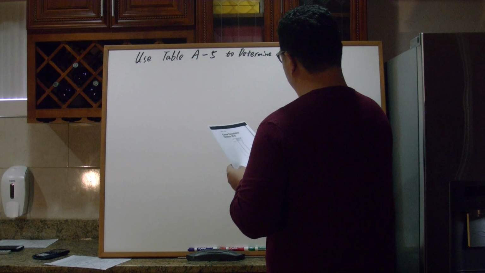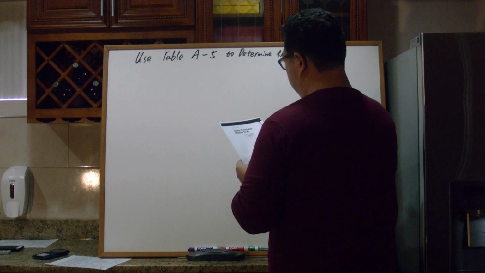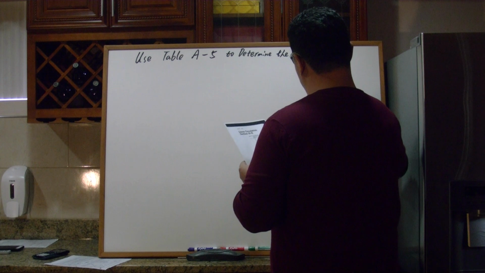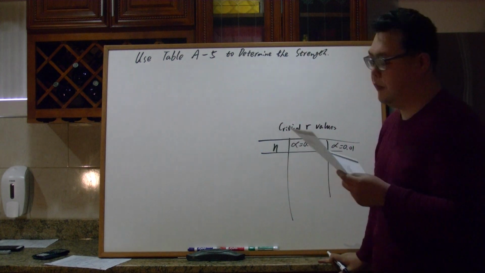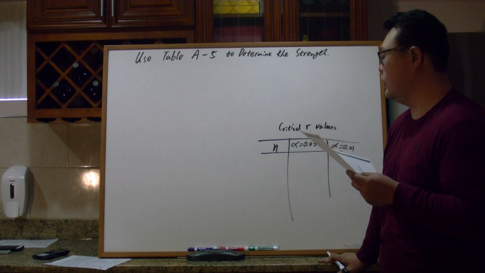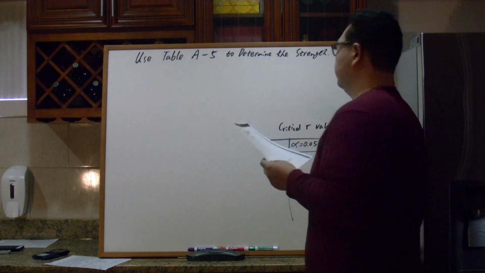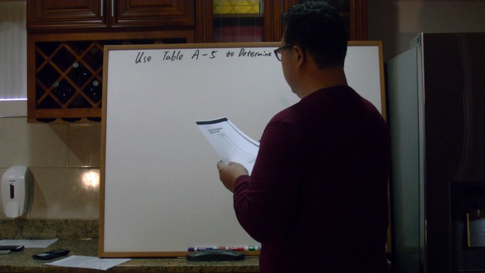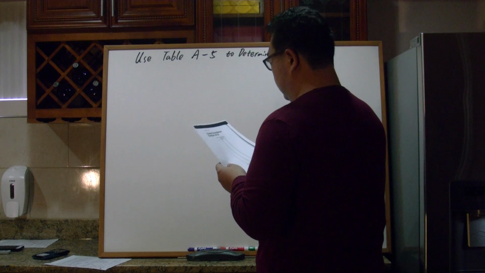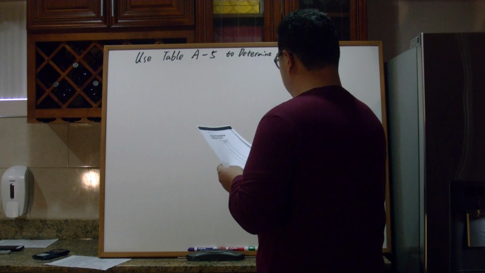The top is a critical value. Critical values of the Pearson correlation coefficient R. Right, and n indicates the number of pairs, 4, 5, 6, 7, 8, and so on.